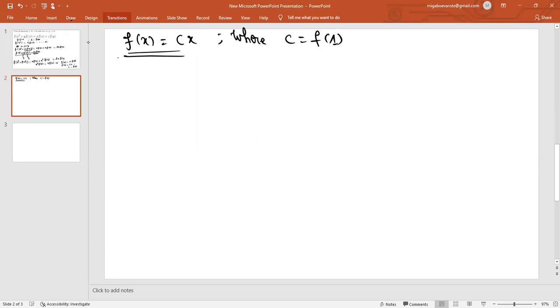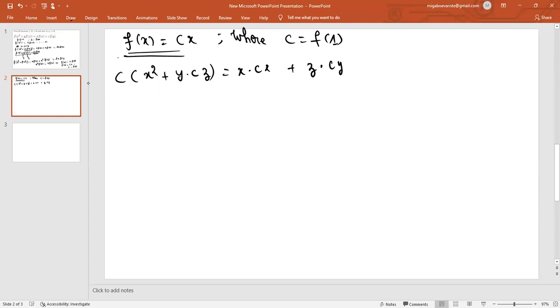We will get f of x squared, we can write it as c times x squared, plus y times c z, equals x times c x plus z times c y.